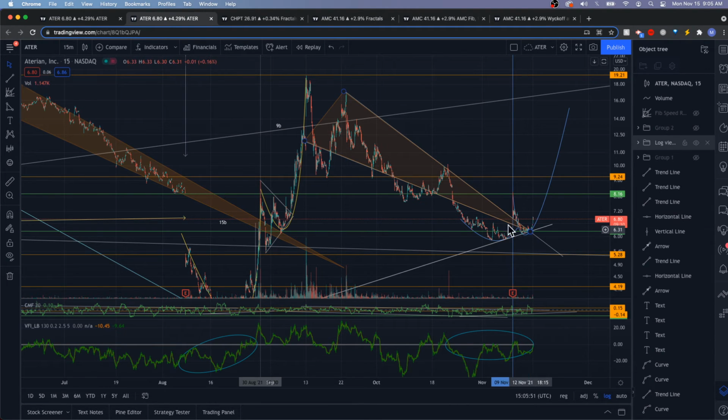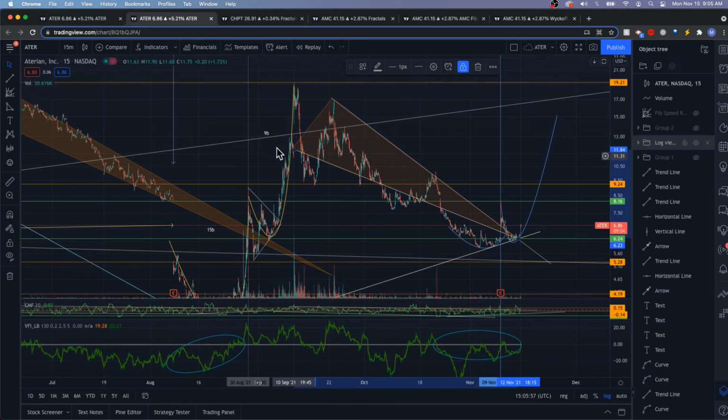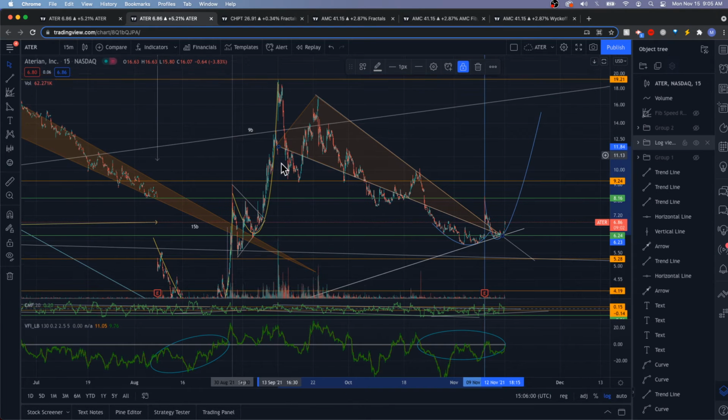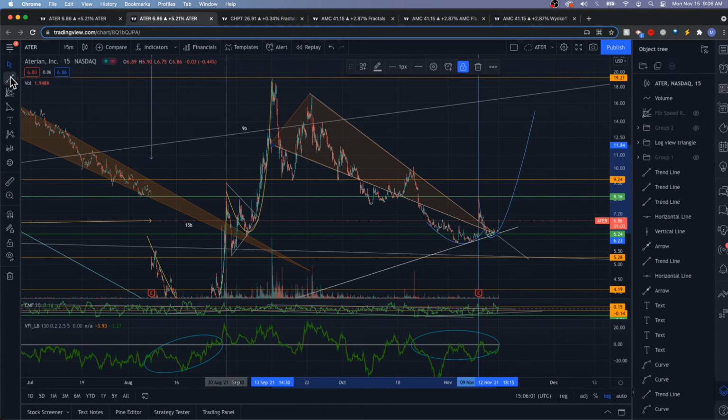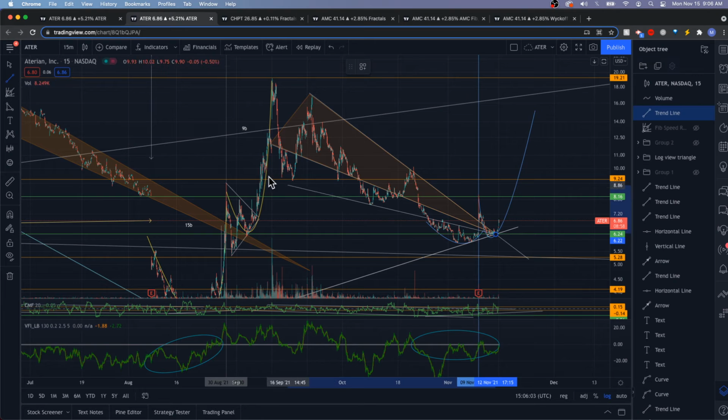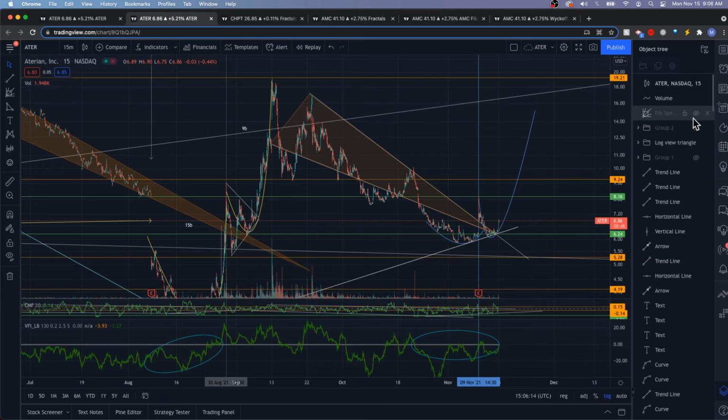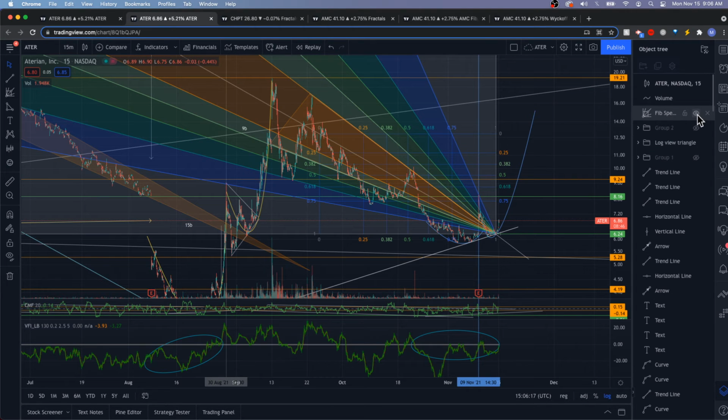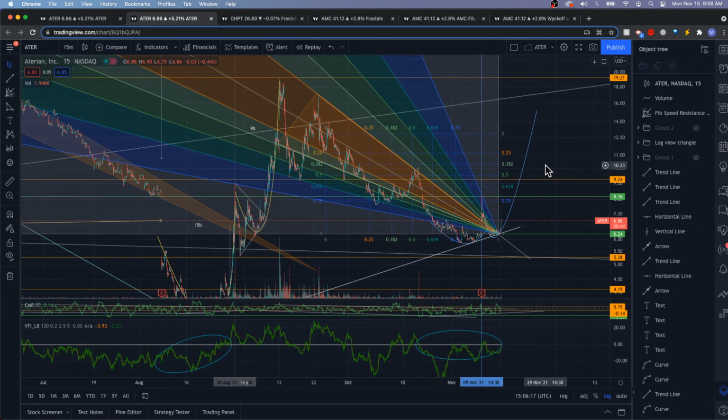And then oddly, if you look closely, you can sort of start seeing it. There are these kind of fanning trend lines, right? If you look at this and you were just to start drawing out a fan from this point, then it starts adding up a little more. You can see that this sort of lines up with different points. And I thought, well, if that's the case, then let's draw a Fibonacci retracement on this.